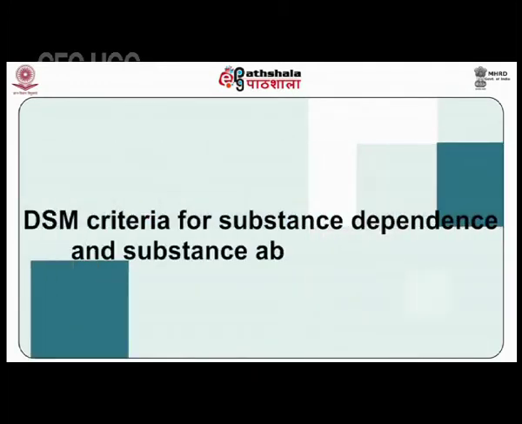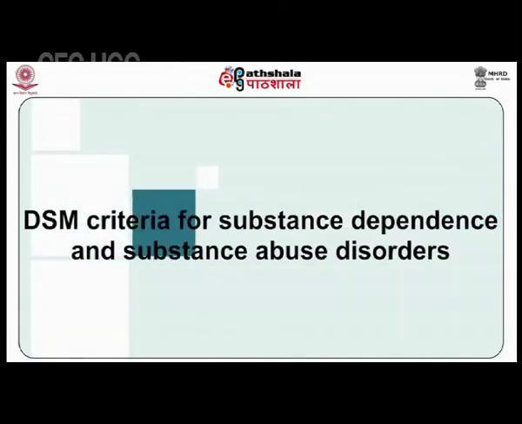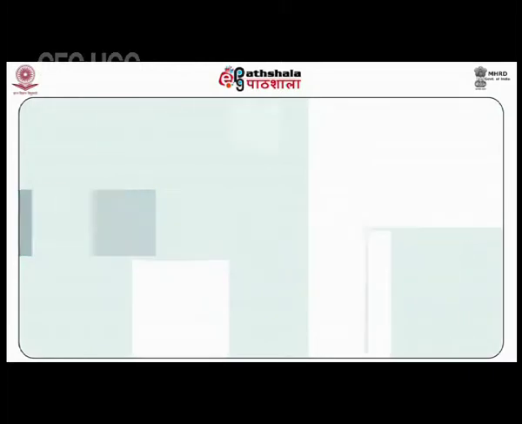When we look at the DSM criteria for substance dependence and substance abuse disorder, substance dependence is a maladaptive pattern of substance use leading to clinically significant distress or impairment as manifested by at least 3 of the situations occurring at any time in the 12-month period.